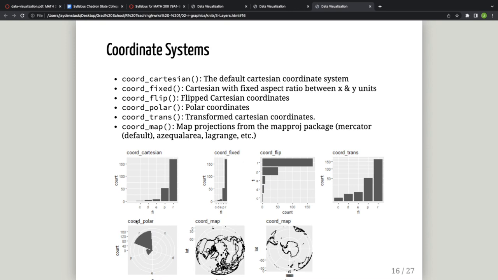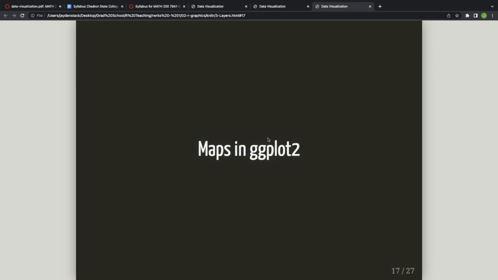Again, polar coordinates down here, you can make them into map projections. You can make them into a different transformation if we wanted to. These are a little bit more supplemental than some of the graphs that we're going to be looking at, but I just wanted to show you more and more options that you might need to tailor to your needs.